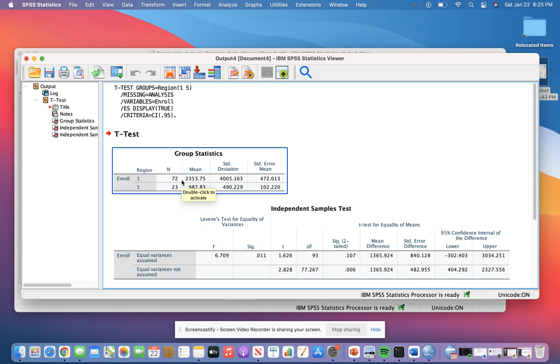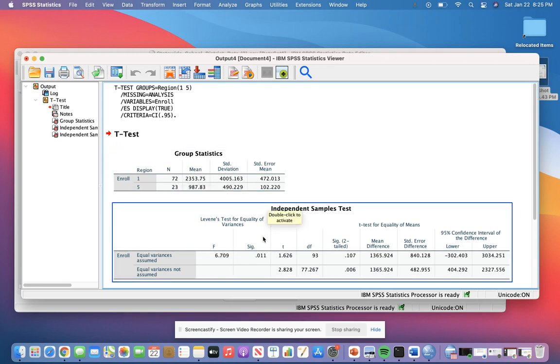These groups do not both have 30 subjects in both groups, and that is shown here with Levene's test for equality of variances with the significance, because this significance is 0.01.